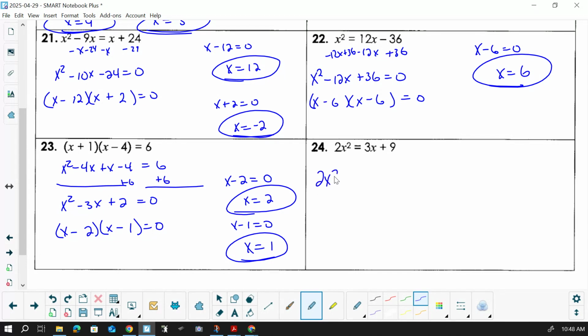So you end up with 2x squared minus 3x plus 9 equals 0. And factor that one. We get a 2x and an x. And for the 9, let's try 3 and 3. Let's see here.